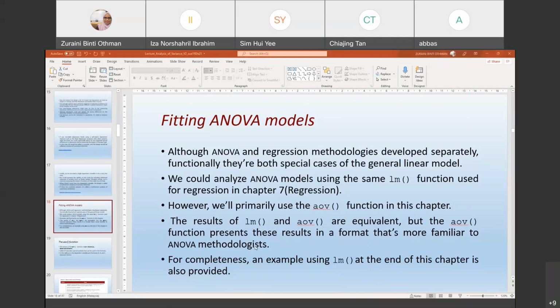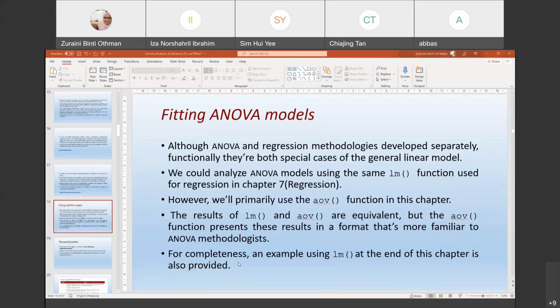So for this chapter we will always use aov because it represents what we want to analyze. For completeness, an example of lm is also provided at the end of this chapter.